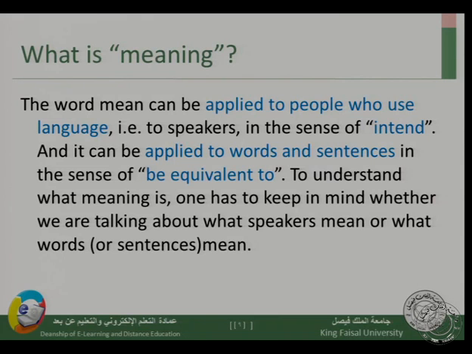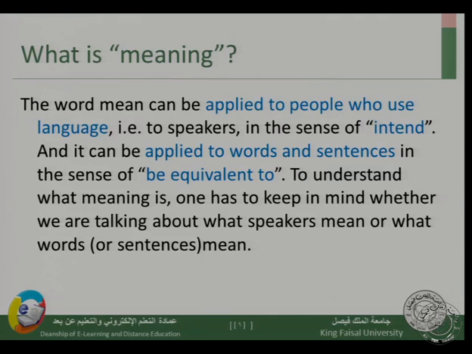There's also another use. It can be applied to words and sentences in the sense of be equivalent to. So if you say, what does this word mean? Okay, so the first way to look at meaning is by looking at speakers. What do speakers mean? And we said that means intent.